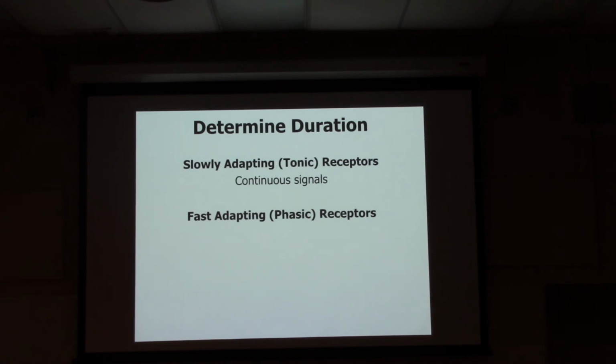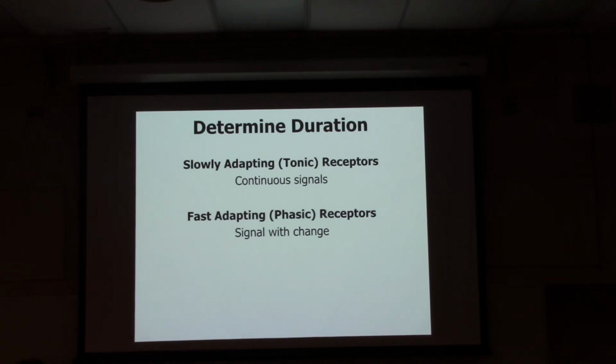Right. And so if we look at these fast adapting or phasic receptors, it might give us a better feel for how this works. These receptors signal changes in a stimulus. So when a stimulus comes on, they'll say, hey, stimulus just started, but they don't keep sending messages.